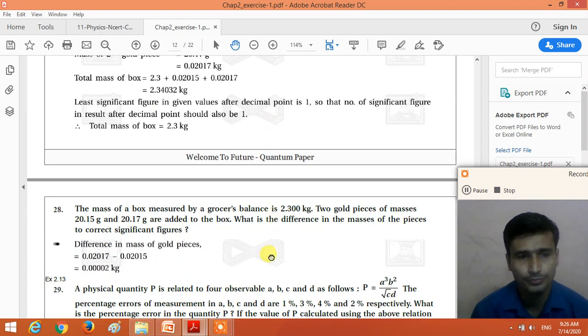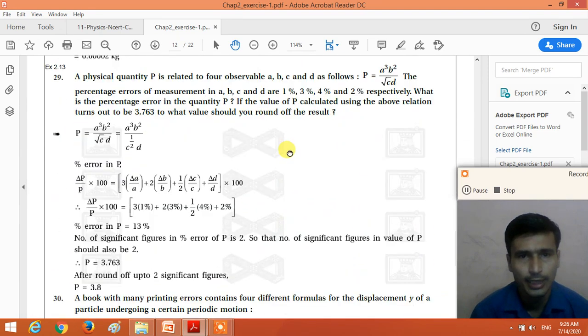So now next, question number 2.13 of the exercise. A physical quantity P is related to the 4 observable quantities A, B, C and D as follows: P is equal to A cube B square divided by root C into D. The percentage errors of measurement in A, B, C and D are 1%, 3%, 4% and 2%.